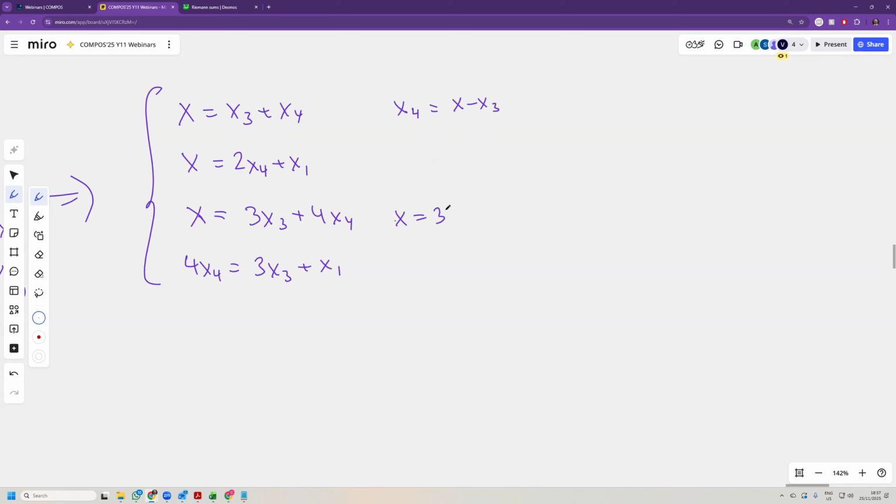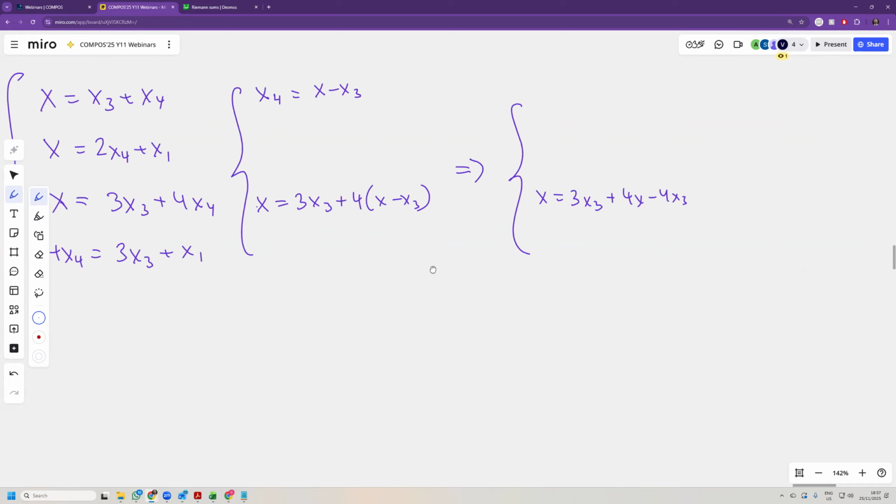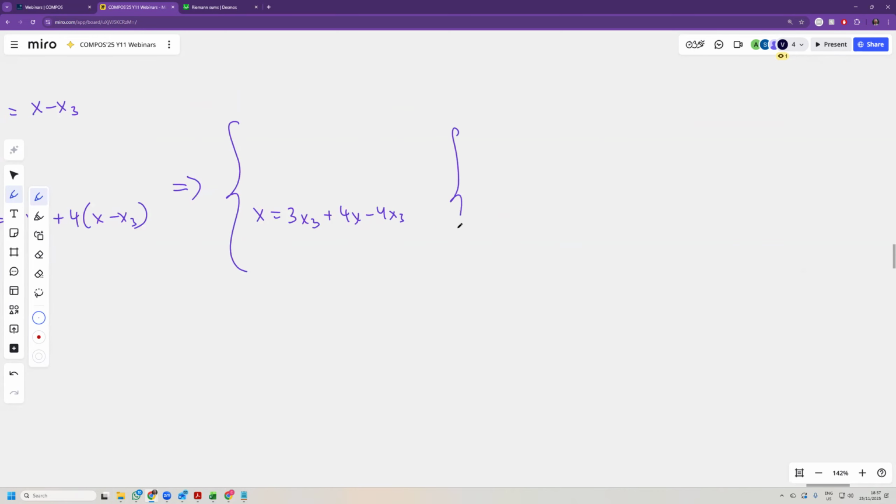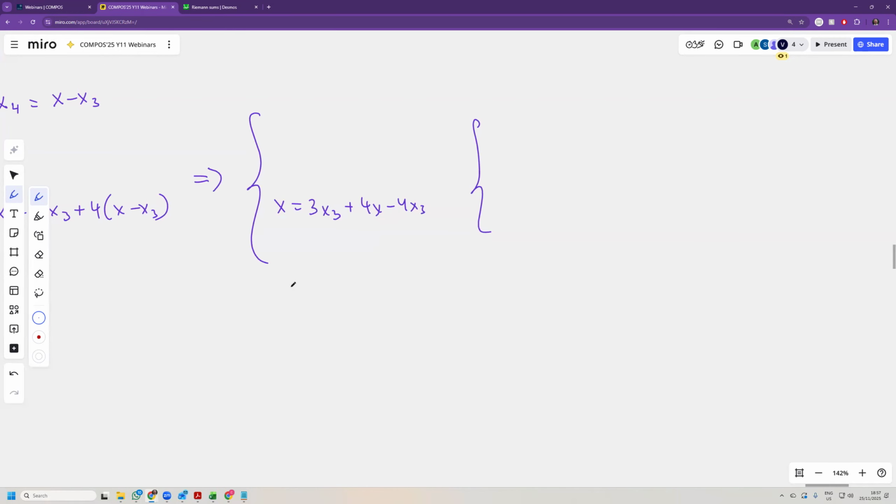So x is 3x3 plus 4 times x minus x3. We can get x equals 3x3 plus 4x minus 4x3. And from here we can get minus 3x equals minus x3.